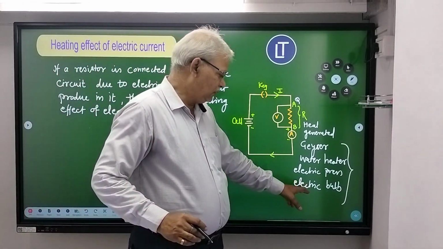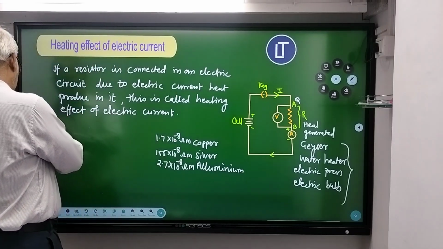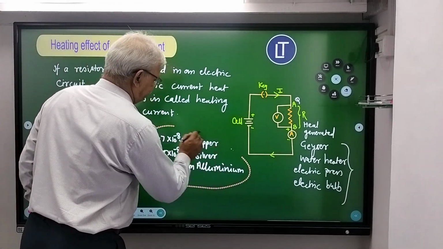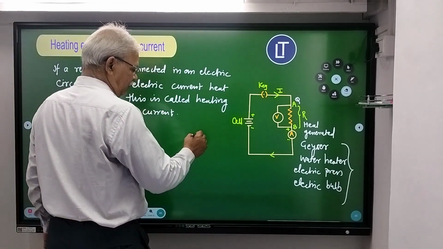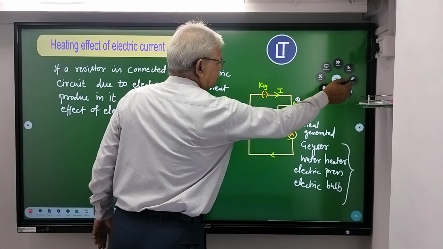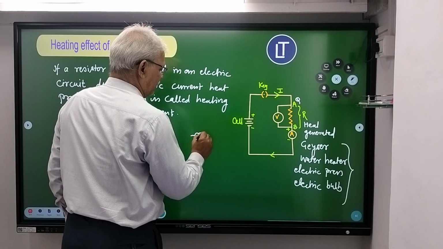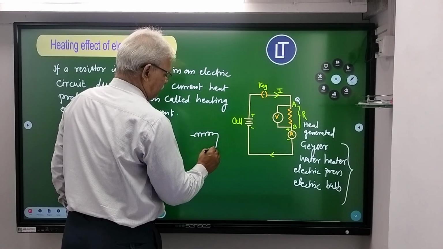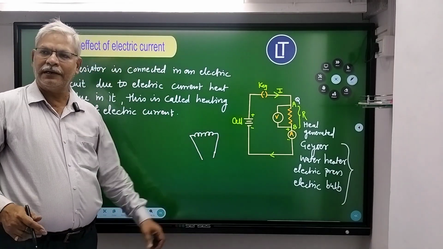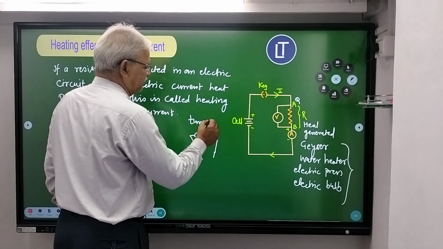Now see here, in the electric bulb you have seen a filament, like this. This filament is made up of tungsten.